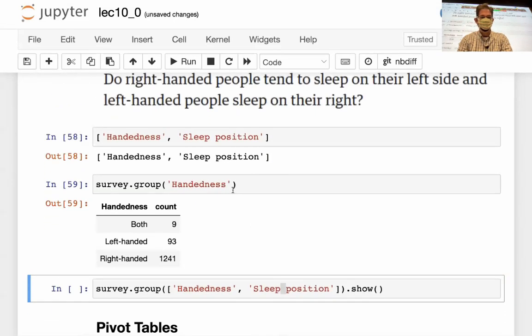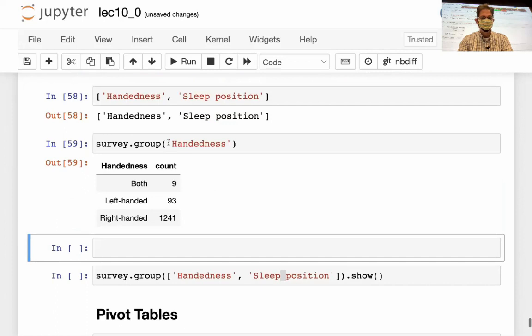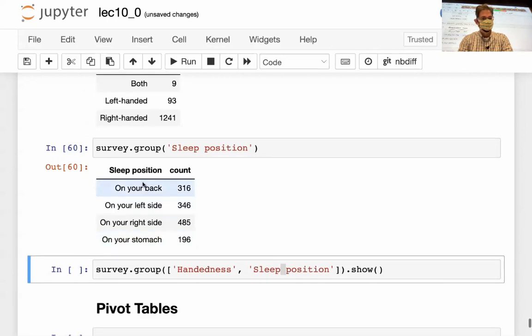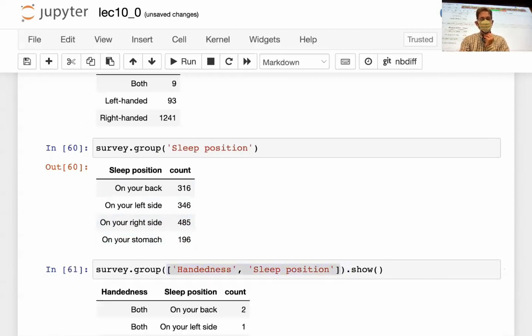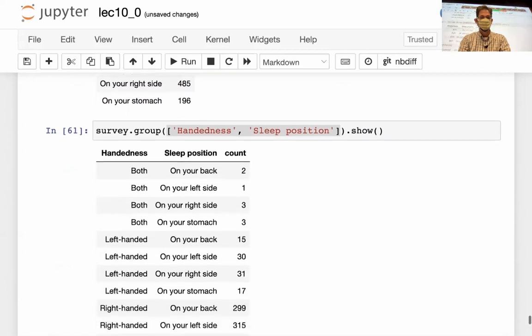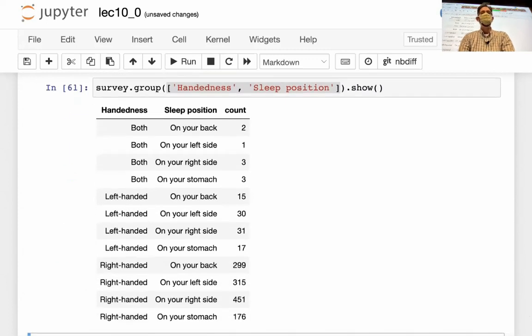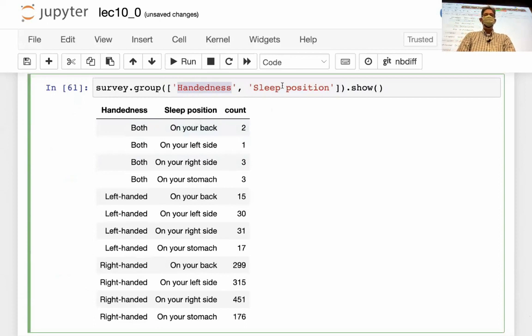You get left-handed, right-handed, and both. What happens if you group by just sleep position? You get 4 different options. What happens if you group by a list containing 2 different labels? You get all possible combinations of a value from handedness and a value from sleep position.